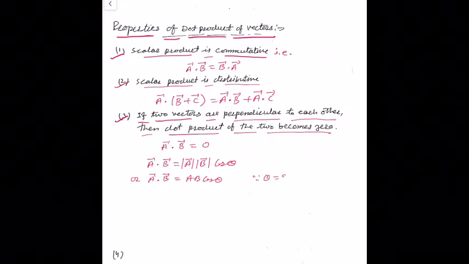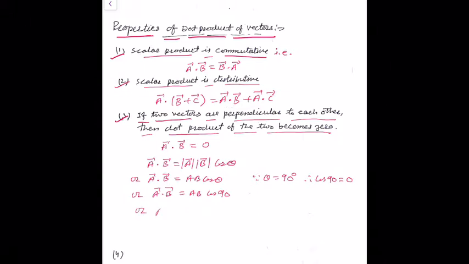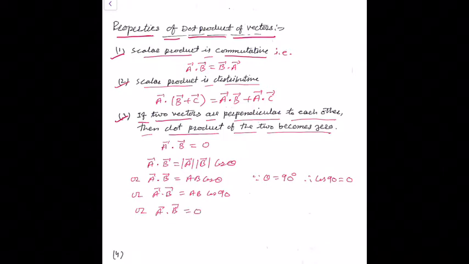Since theta is equal to 90 degrees, therefore cos 90 is equal to 0. So A vector dot B vector is equal to AB cos 90, or A vector dot B vector is equal to 0. It is an important property.